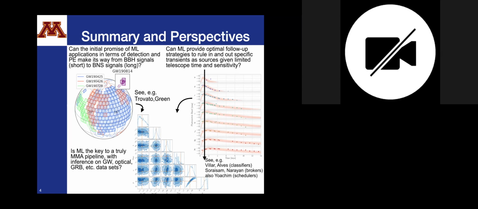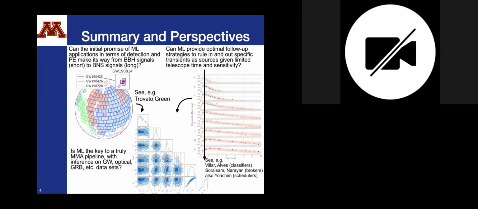Finally, looking even further ahead, one of the key goals of multi-messenger astronomy is to combine data from these multiple data streams. And so I think there are ongoing efforts from both the gravitational wave and the EM communities to build inference pipelines to extract information about the masses, the spins, and the equation of state.